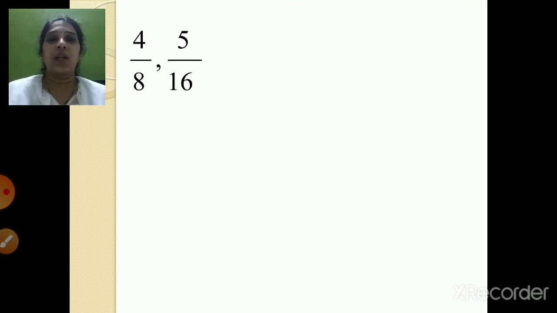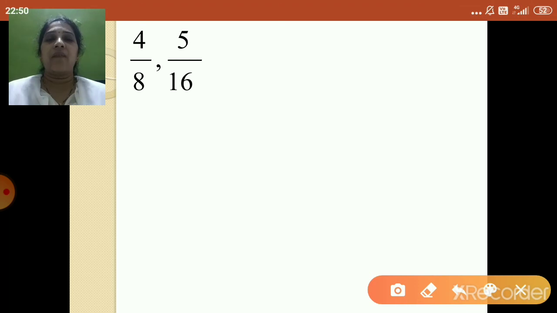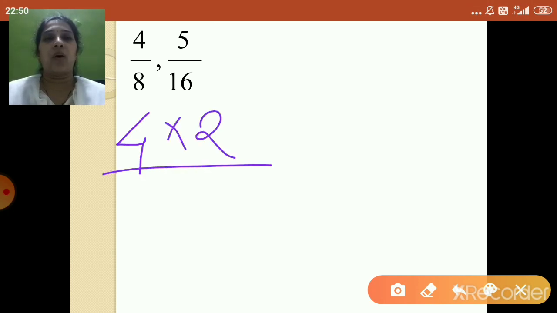multiply both the denominators. Now 5 upon 16 is there, we will keep it as it is because 16 is divisible by 8. So 4 upon 8, we are going to just change that fraction. We will write 4 into 2 upon 8 into 2.